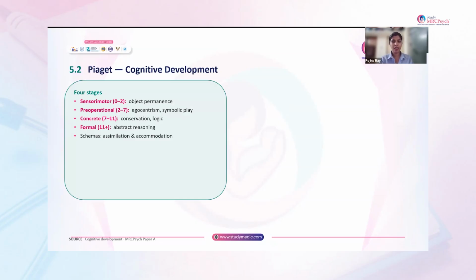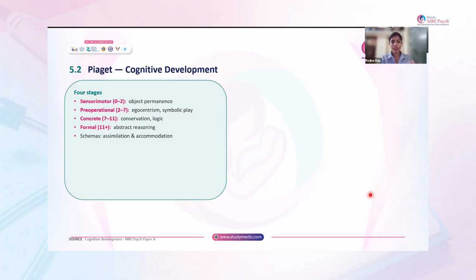Beginning with Jean Piaget. Jean Piaget is a pioneer of genetic epistemology. What did he do? He argued that children's thinking develops through invariant hierarchical stages. So Jean Piaget's cognitive stages are a cornerstone of cognitive development. He viewed children as active scientists who always build schemas to understand the world better.